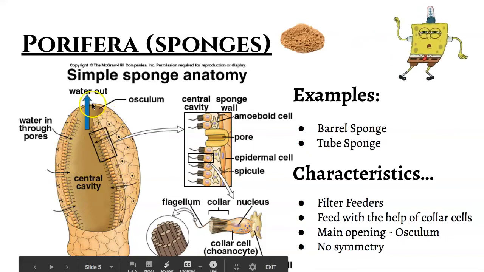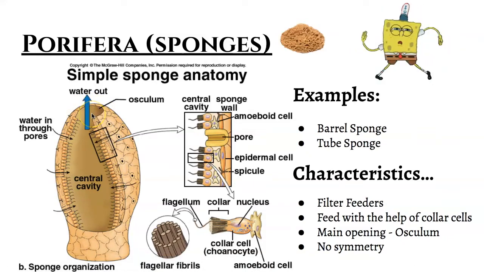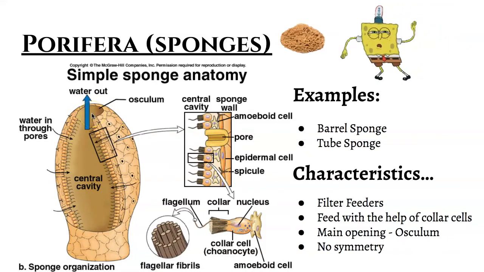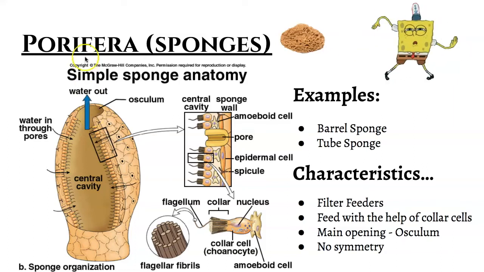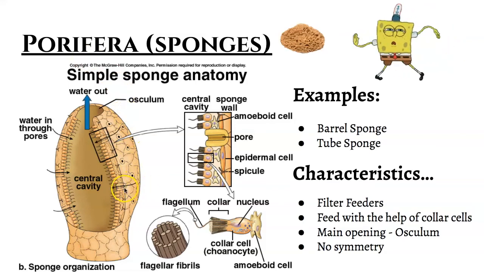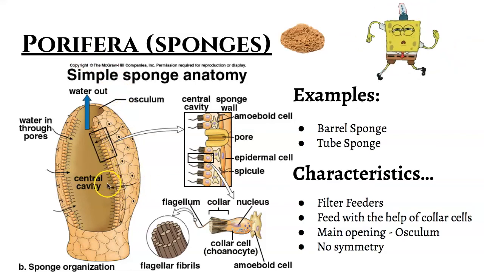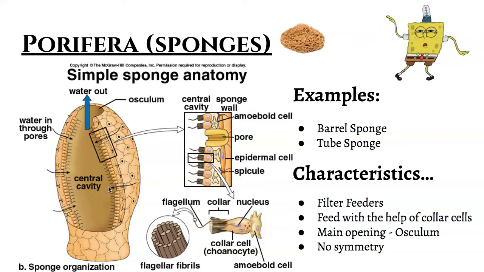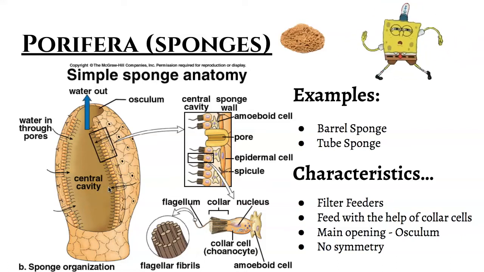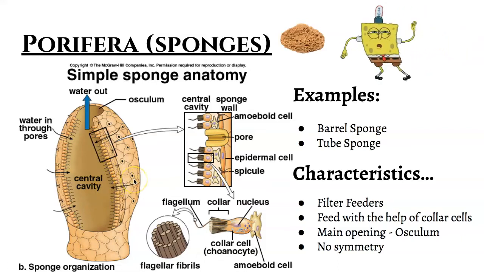If you notice also, our sponge has a little hole up here that's called the osculum, and that's actually where water will flow out. And so what's happening is these little flagella are rotating around like a little whip, creating a current.